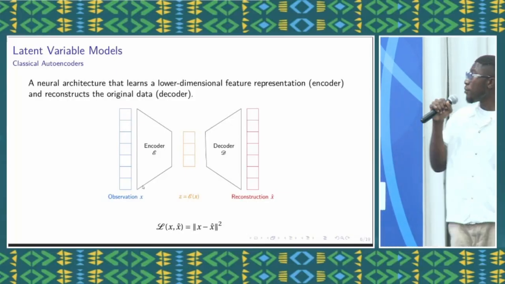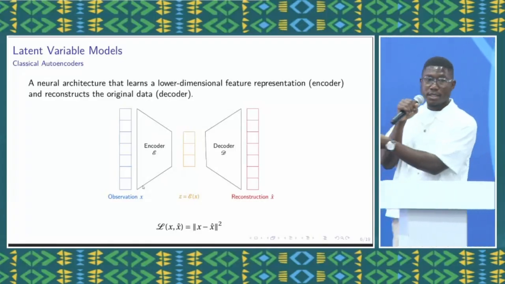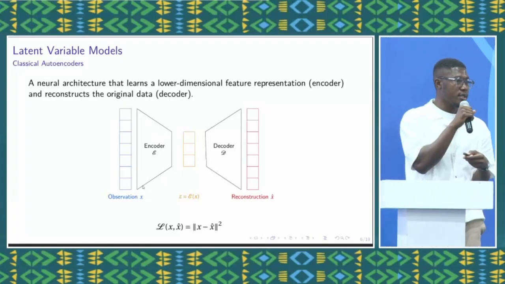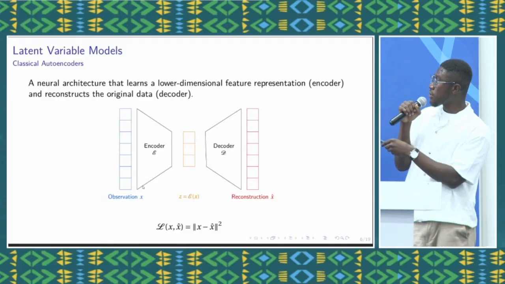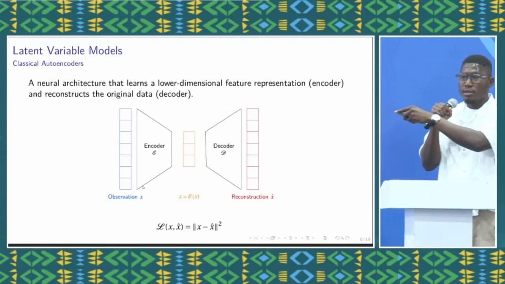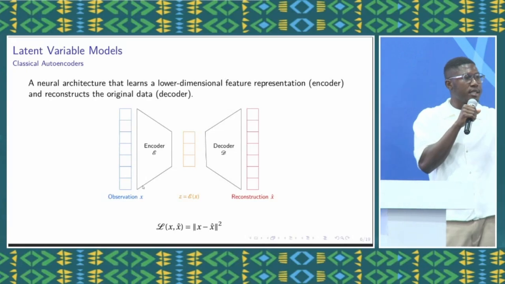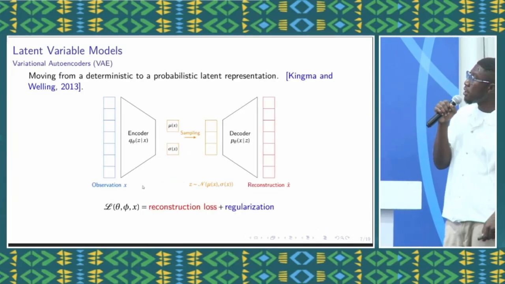But the problem with the autoencoder is that there is no probability here. The latent space is discrete. It is not deterministic. And also, we don't impose a structure on the latent space, so we cannot generate new samples. That's why the VAE comes.